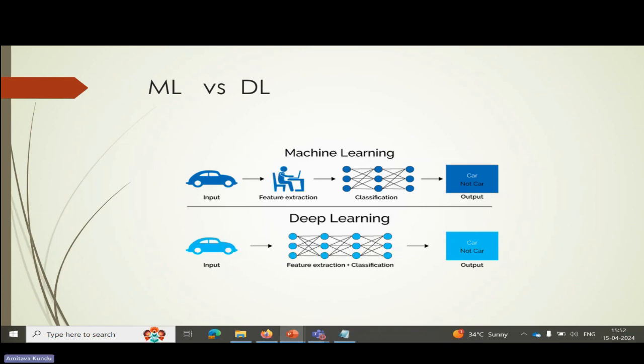So in deep learning, the learning phase is done through a neural network. A neural network is an architecture where the layers are stacked on top of each other. So when we talk about deep learning, the model is created internally using neural networks.